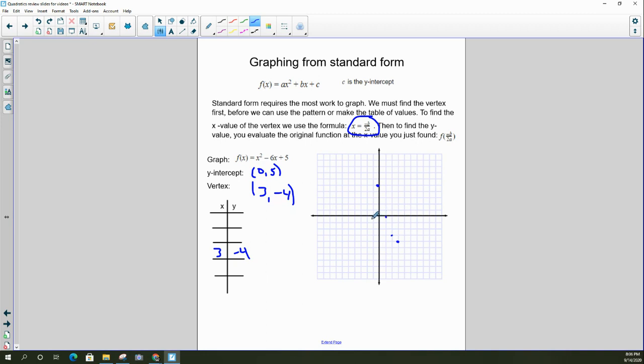Now we're over 1, up 5. That brings us right to where our y-intercept was. Follow the property of symmetry here, and we have our graph.